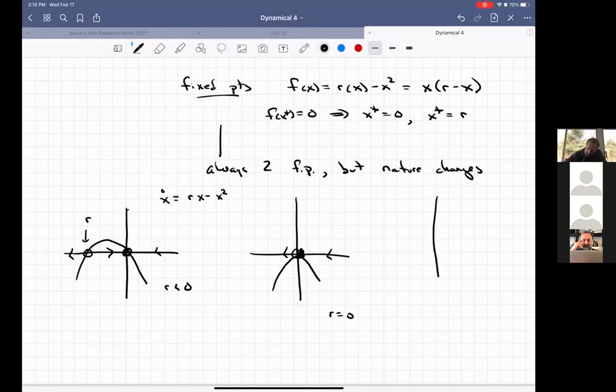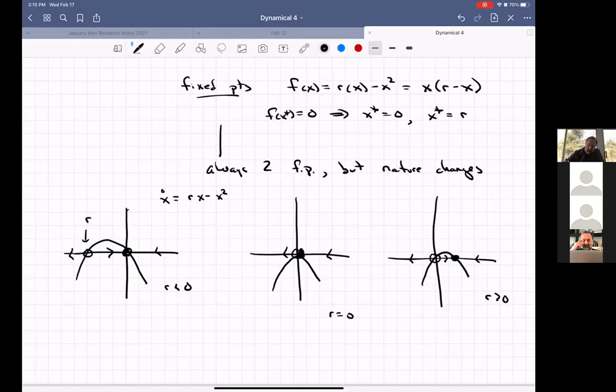And then if r is positive, now the curve looks like this. And so the flow is in this way. And so the fixed points have changed. The fixed point at the origin has changed its stability.